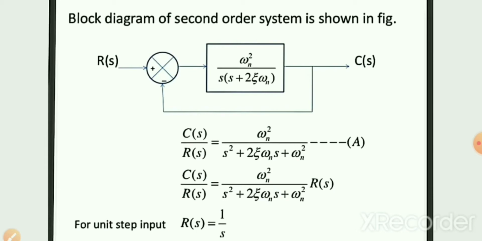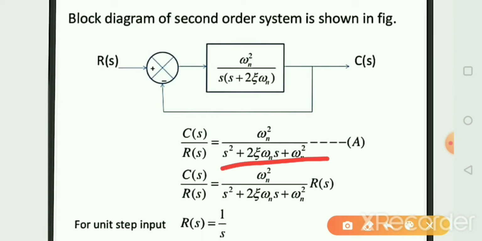In the transfer function of a given system, if we see the denominator here, the maximum power of s in the denominator polynomial is equal to 2. Then we can say this is a second order system.